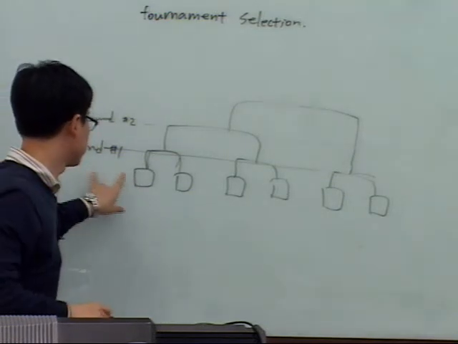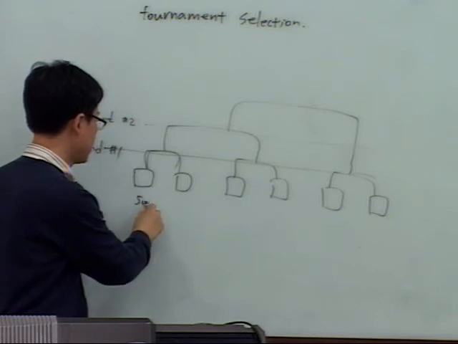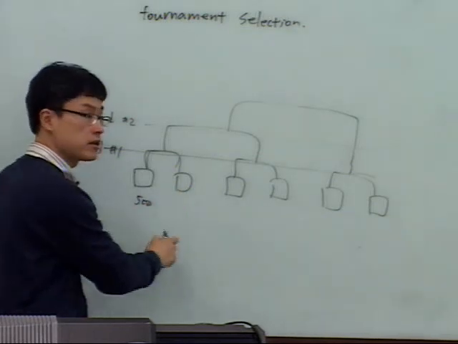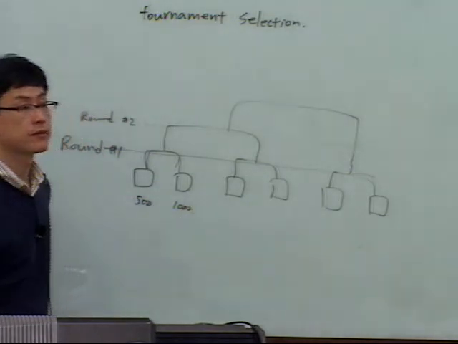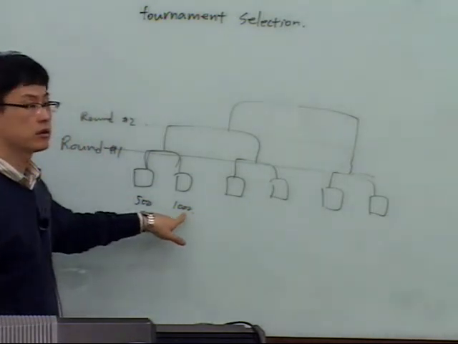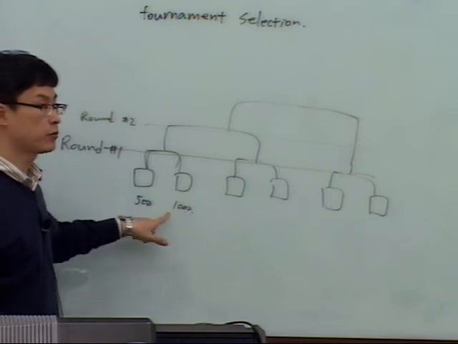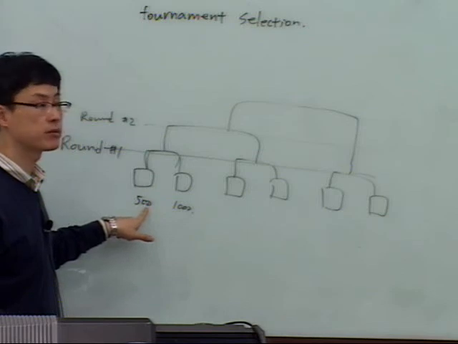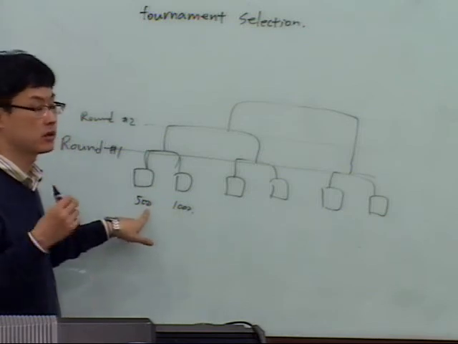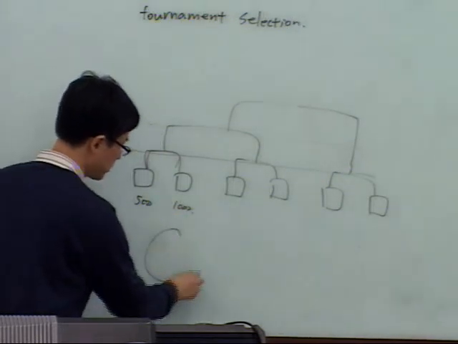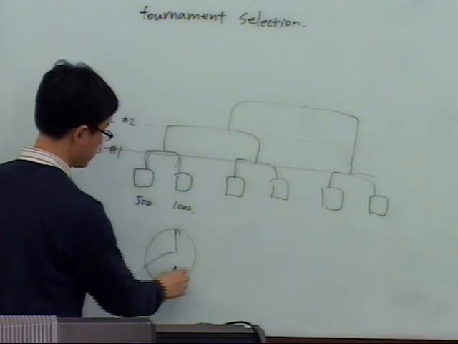For round number 1, let's say this one has a fitness of 500 and this one has a fitness of 1000. Then this one does not automatically survive. It will have 2 times the probability of survival compared to this one. So the roulette wheel will be like this.